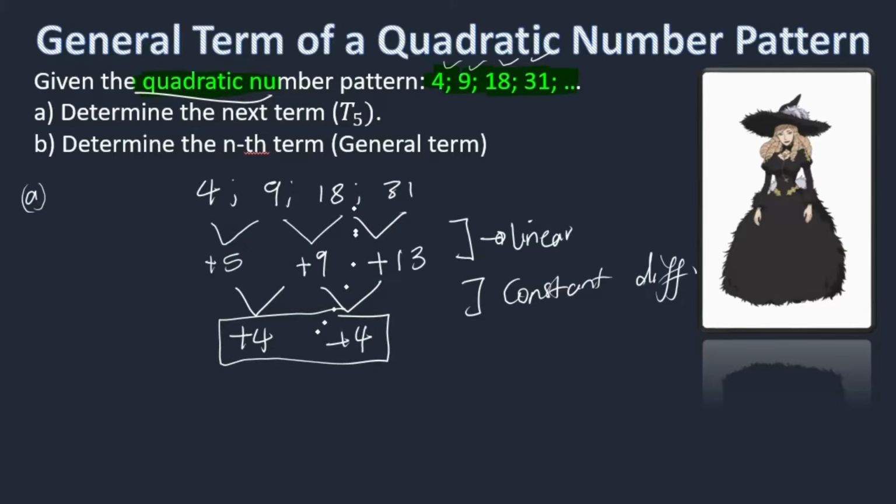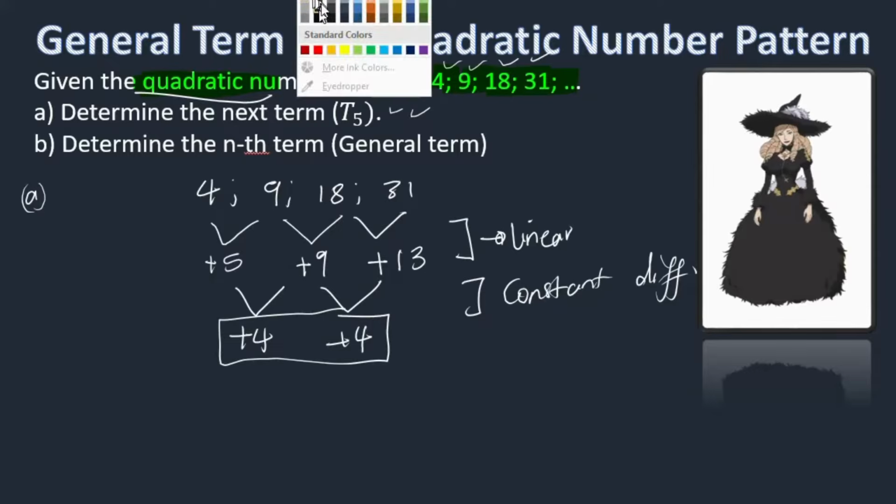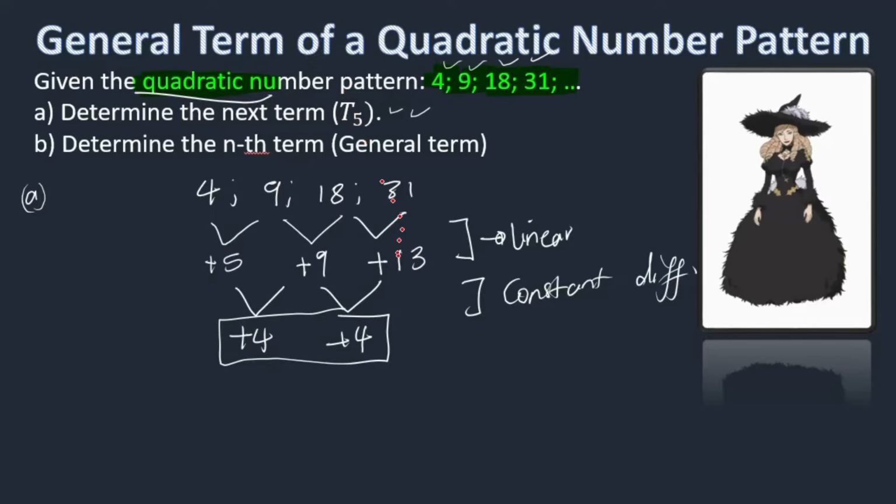They said they want me to find the value that's in the 5th position. So for me to do that, I need to carry the sequence forward the way it looks here. For me to move from here to there, I need to add 4, which will give me the next value here. That next value will be what? 17. Right?